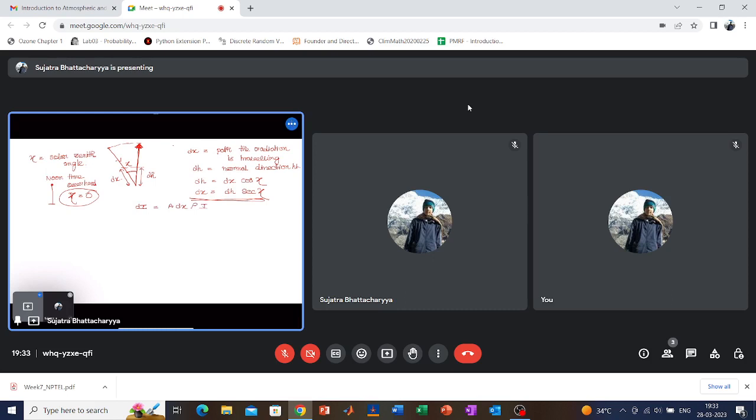Fine. Therefore dI by I can be written as A rho dx, which can be written as A rho sec chi into dh, right, based on this particular thing.